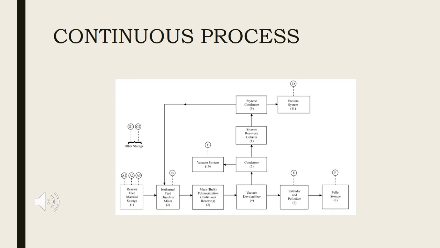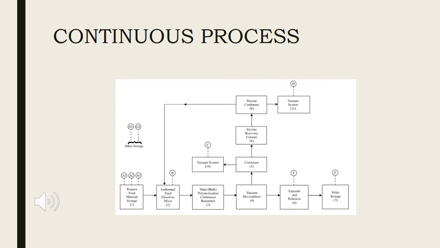Blended feed is pumped continuously to reactor system, which is unit number 3, where it is thermally polymerized to polystyrene. A process line usually employs more than one reactor in series.